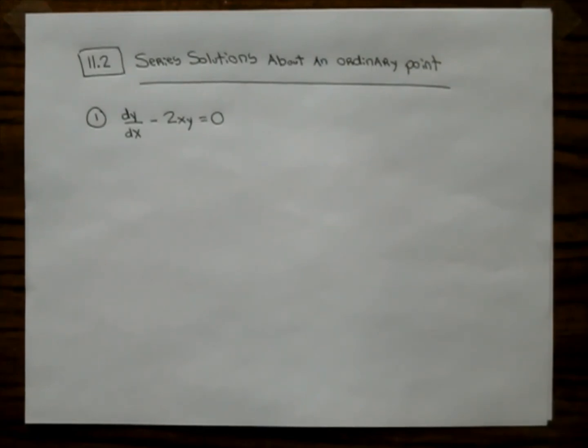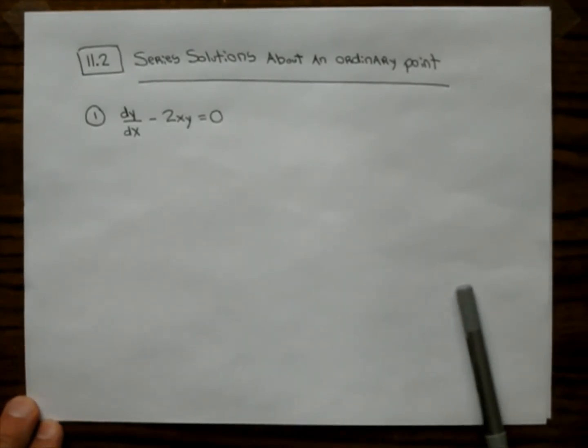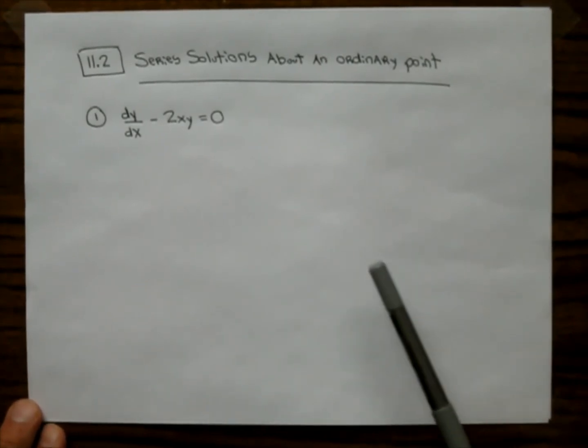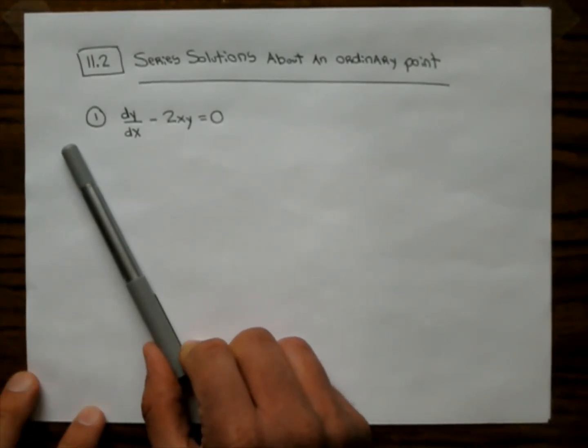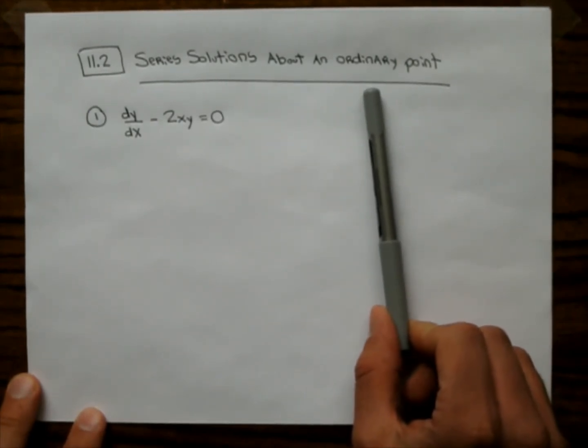Math 287, Cuesta College. I'm Joe Vasta, and we are going to do section 11.2, series solutions about an ordinary point. We are not going to put problems like this on the next exam.